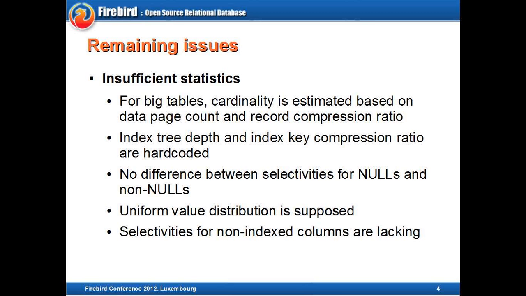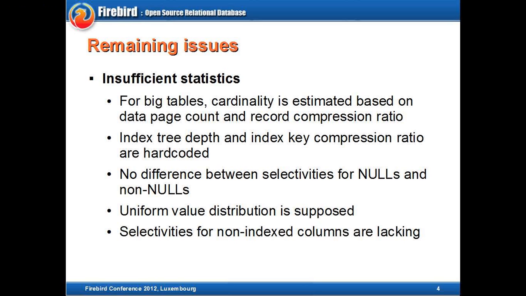For example, until very recently, we didn't know really and couldn't even guess the record compression ratio. There was a hard-coded constant that every record is compressed to half its size. Well, in some cases it was a good assumption, but in some cases, of course, it's not going to work.